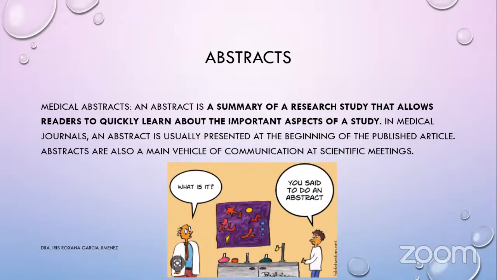About abstracts, we have to consider this. A medical abstract is a summary of a research study that allows readers to quickly learn about the important aspects of the study. In medical journals, an abstract is usually presented at the beginning of the published article.